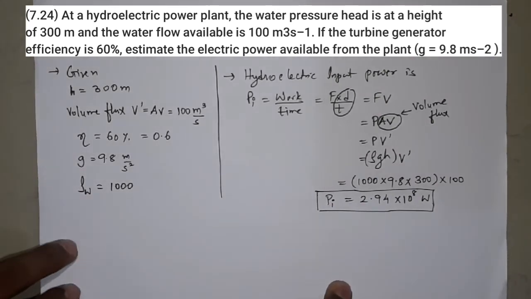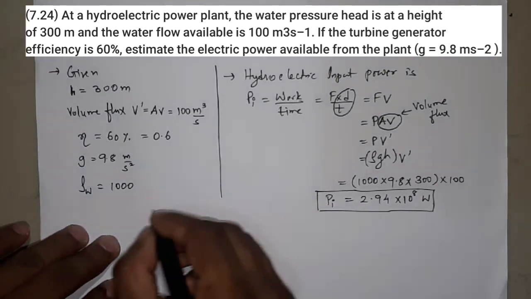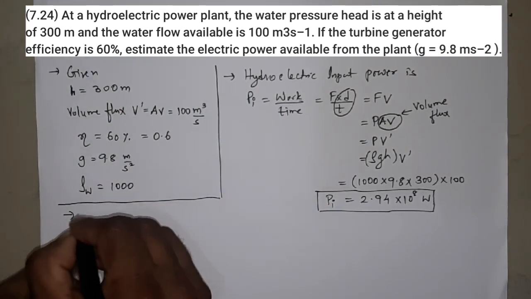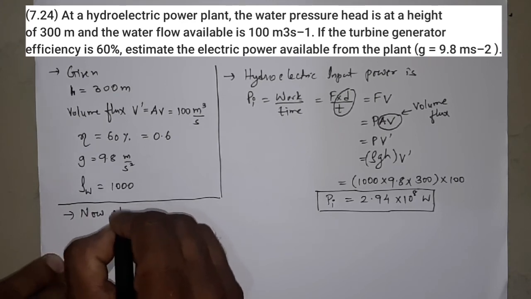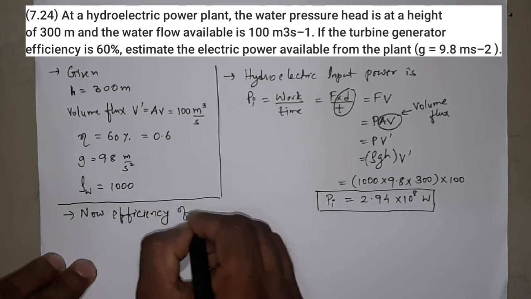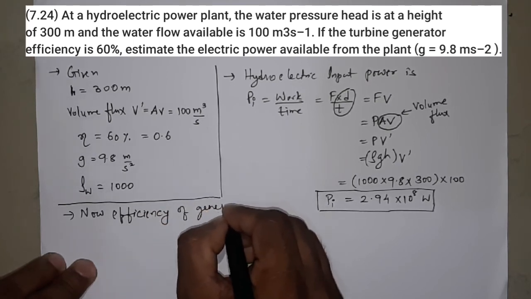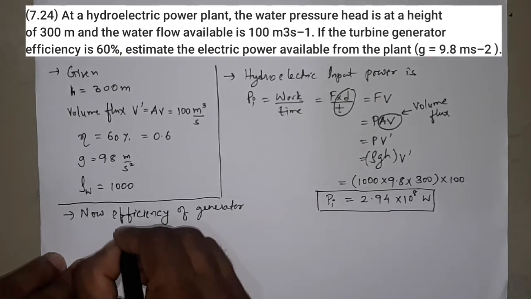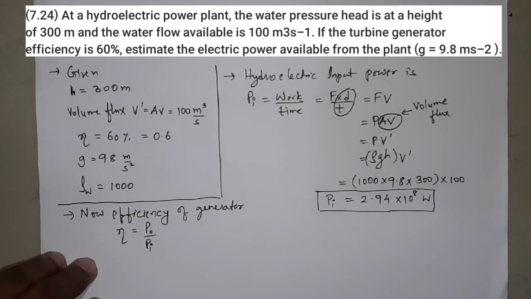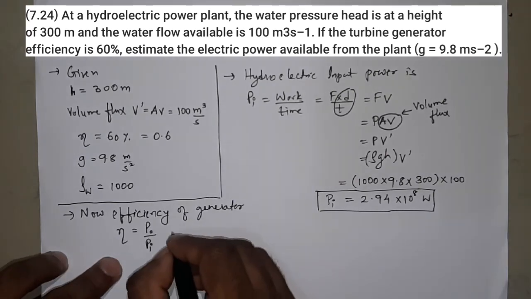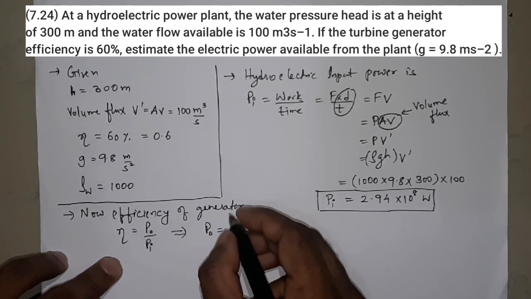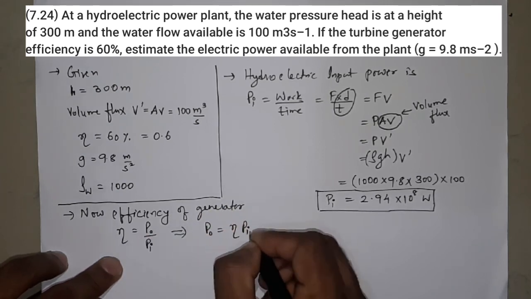Now here we know what efficiency is. The efficiency of the generator, eta, is equal to P naught by Pi, that is output power by input power. From this equation we make P naught the subject. So P naught is equal to eta into Pi.